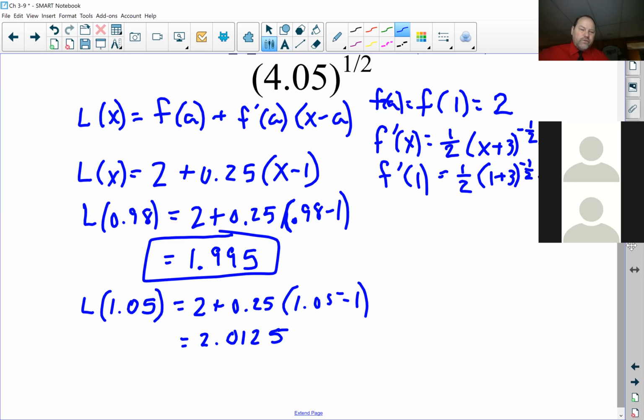And the further our value we're plugging in for x is from 0, the less accurate our approximation is going to become. So if I wanted to approximate the square root of 8, I wouldn't use this linear approximation. It wouldn't give me a very good approximate answer.